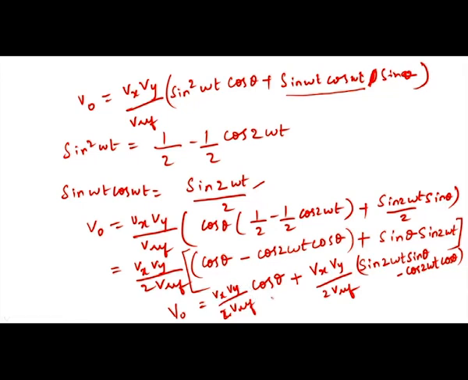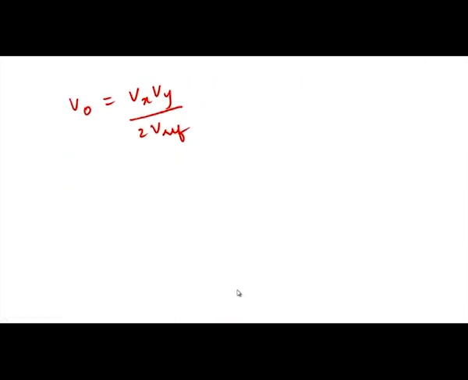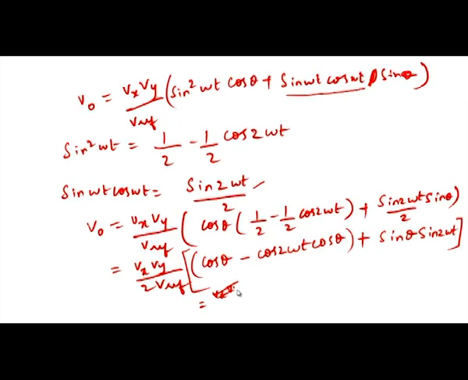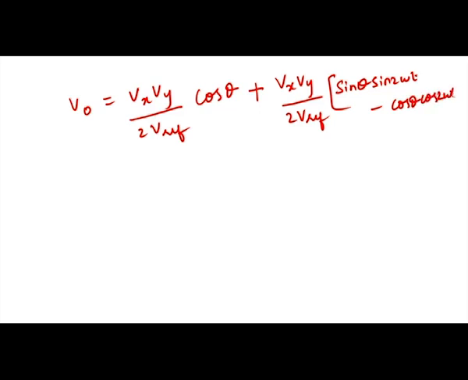Here the first term is a DC term with only the phase value cos theta. There is no frequency in the first term. In the second term, if you multiply the term Vx Vy by 2 V reference inside, you will get a DC term with only phase cos theta, and if you take plus outside instead of minus, you will have sin theta sin 2 omega t minus cos theta cos 2 omega t.